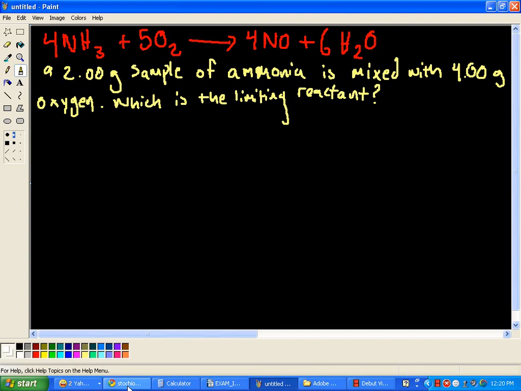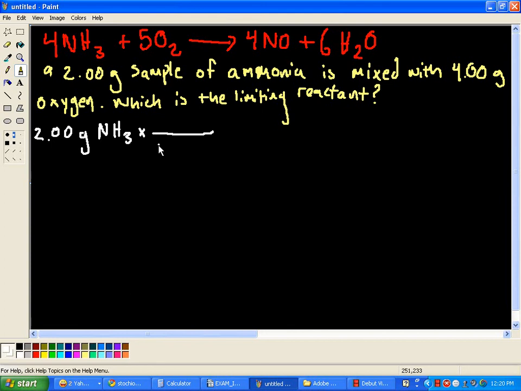So we always start with our first value that they give us. Okay, so you have 2.00 grams NH3. And in order to convert to moles, we'll set up our ratio using stoichiometry.